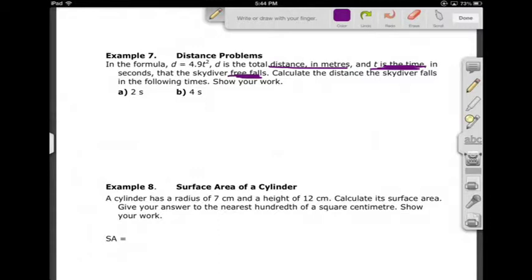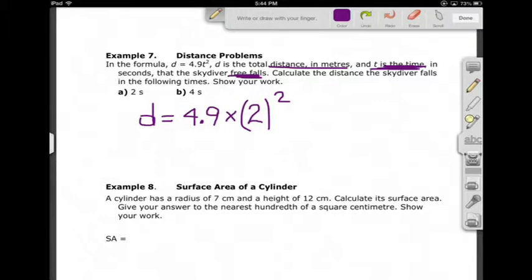Now I'll let you calculate these yourself, but once you get your sea legs under you in mathematics, when you see formulas, you'll just go right after them. The formula is that distance is 4.9, that multiplier, multiplied by whatever the time is squared. So here we go, 2 seconds squared.